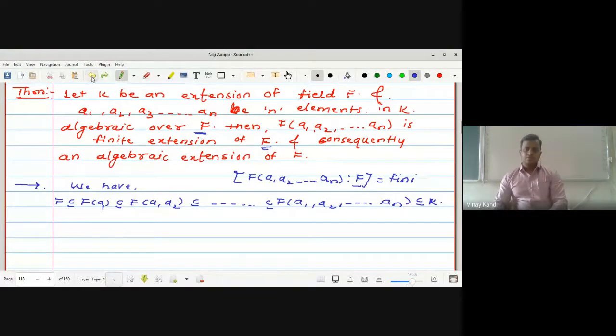Now we have F is contained in F of A1, which is contained in F of A1, A2 up to so on, which is contained in F of A1, A2 up to so on An, which is contained in K. Now, AK is any arbitrary element, it may be A1 or A2, I don't know, an arbitrary element among these n elements.